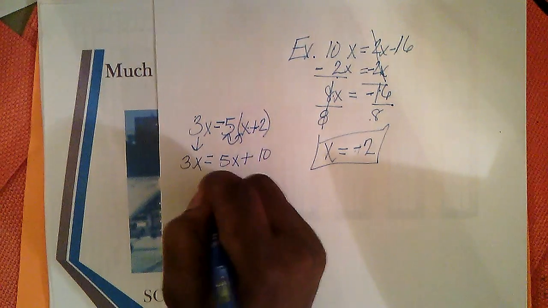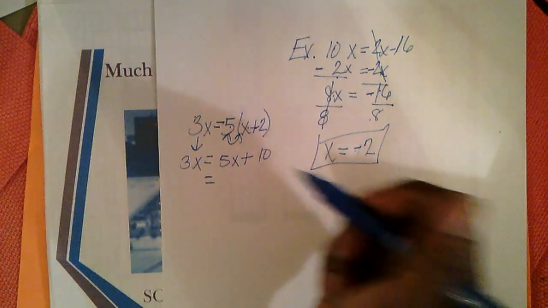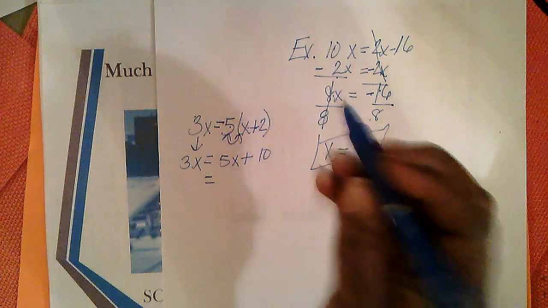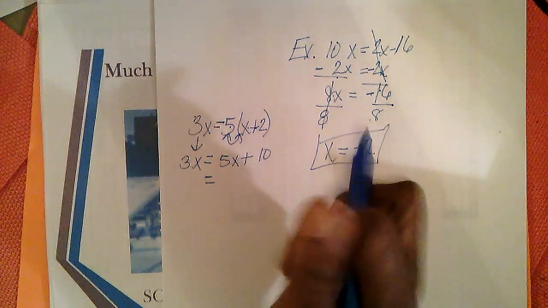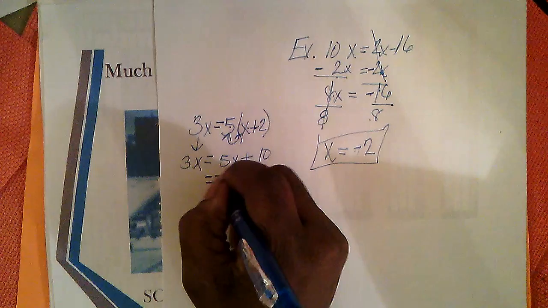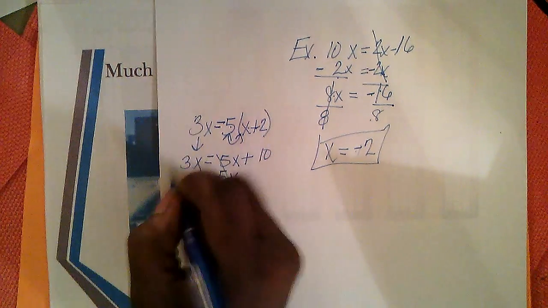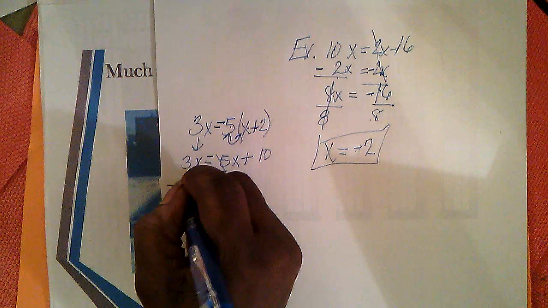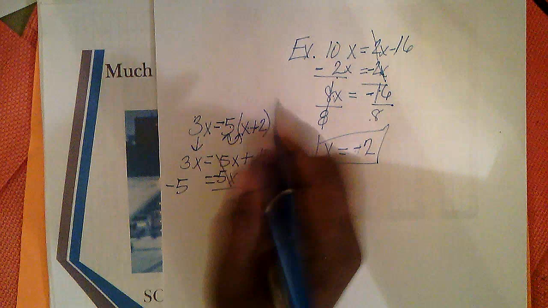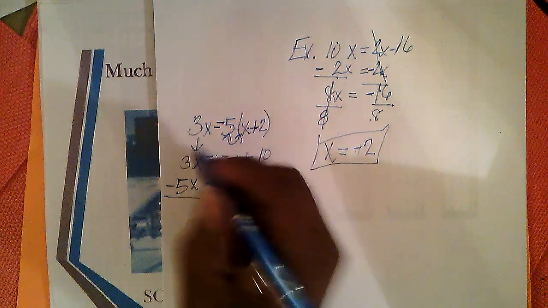Like the other example, we put all the like terms on one side. So that's a positive x. We make a negative x to bring it over here. We did negative x on that side of the equal sign, so do negative x on this side.